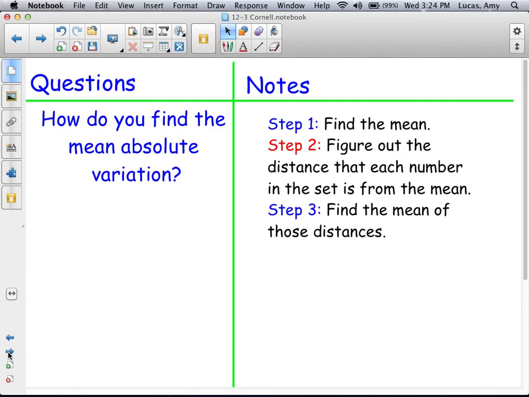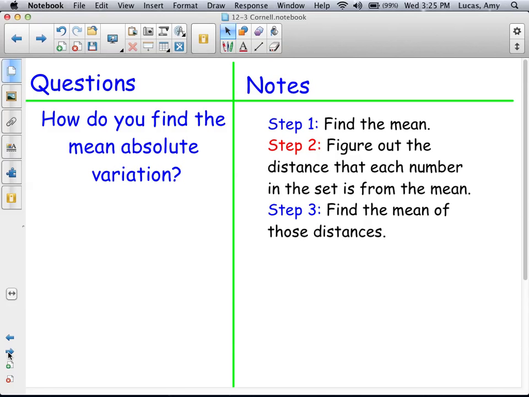Our first question says, how do you find the mean absolute deviation? There are 3 steps, and these steps are really important to write down in your notes because you'll definitely want to follow them step by step while you work on your homework problems. So step 1 is to find the mean for the set of data. That just means adding up all of the numbers and dividing by how many there are.